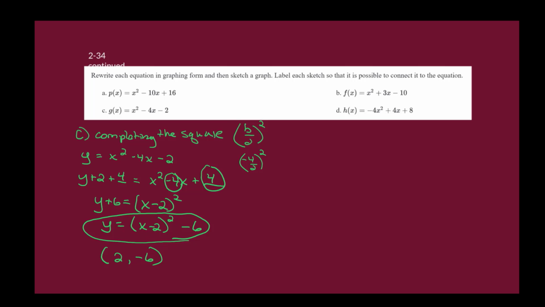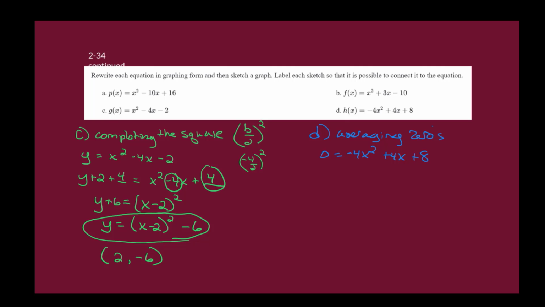For D, I'm going to use averaging the zeros. Okay, so I'm going to set it equal to 0 because we have to factor. It's going to be negative 4x squared plus 4x plus 8.